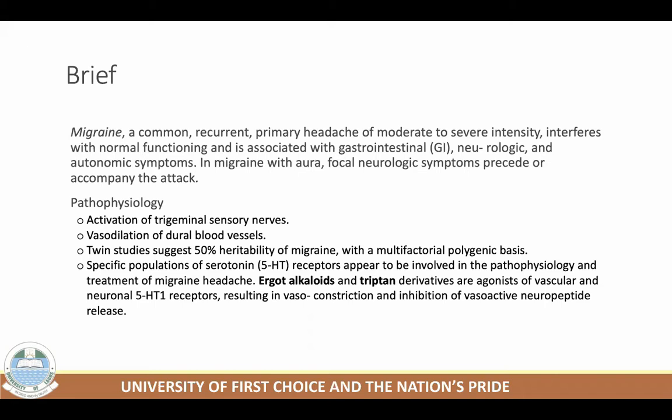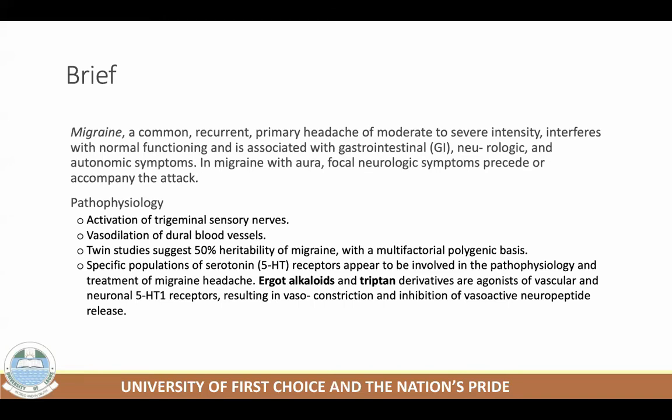Specific populations of serotonin 5-HT receptors also appear to be involved in this pathophysiology. And of course, it's one of the primary targets that we exploit in the treatment, in resolving migraine headaches. So for example, most people in this class would have heard of ergot alkaloids, right?